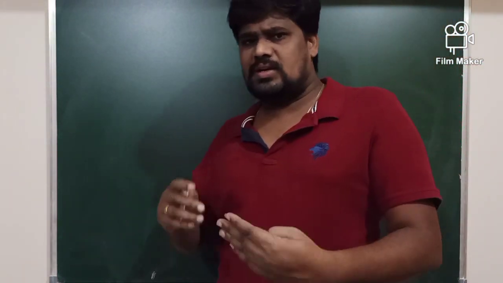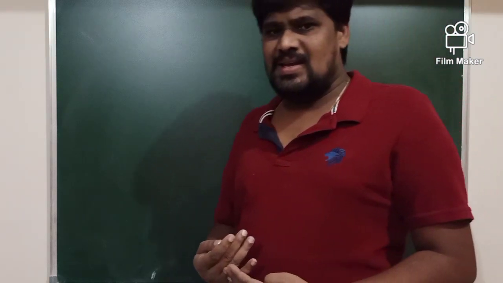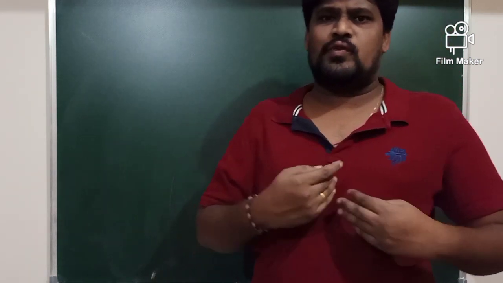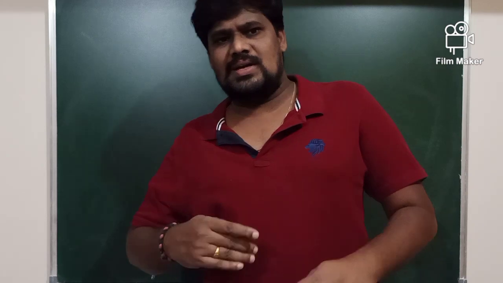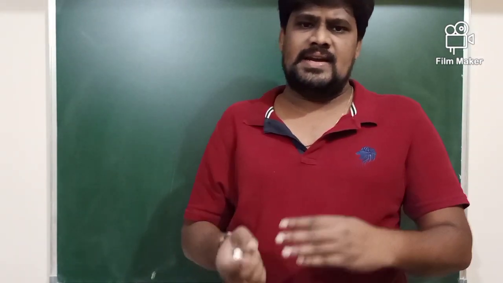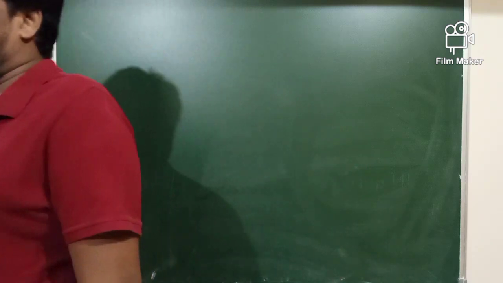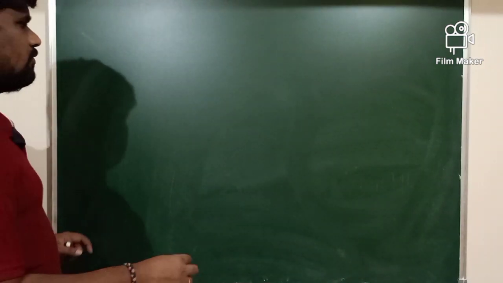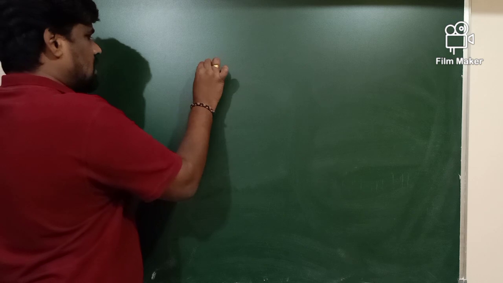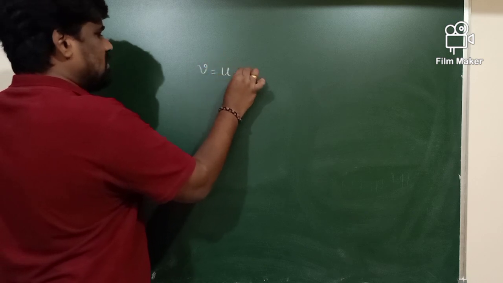So the first type of example is based on the first application of the dimensional analysis, that is to check the correctness of a given equation. Say for example, we have the equation v = u + at.